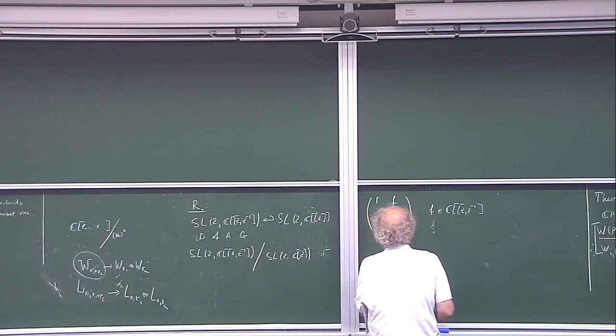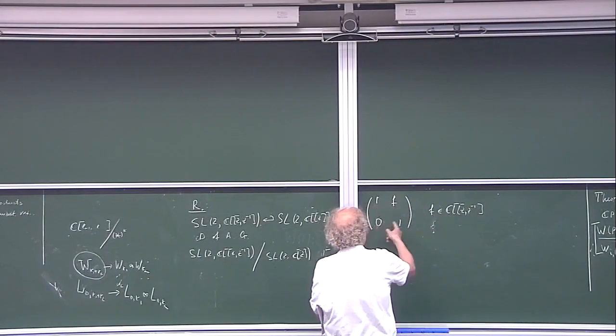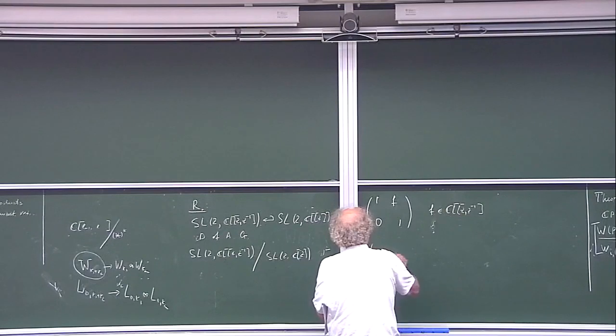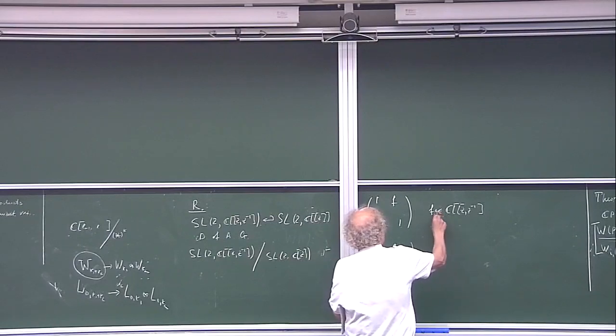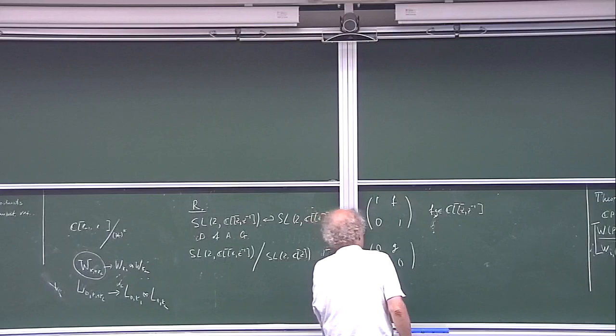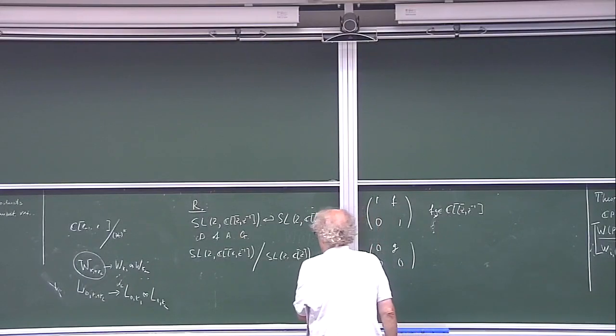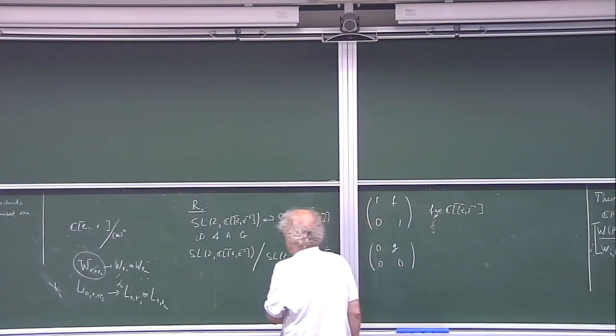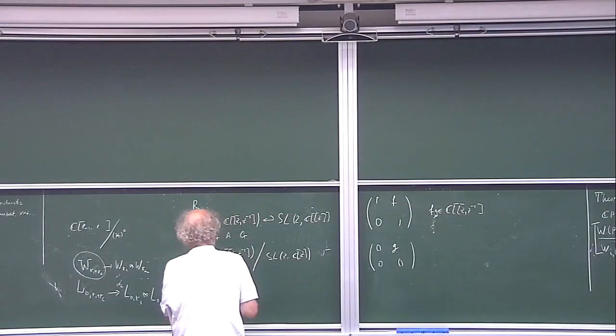If you consider the Lie algebra of this group, then it will be 0, 0, 0, and some G. So F, G in both cases are just elements like this.